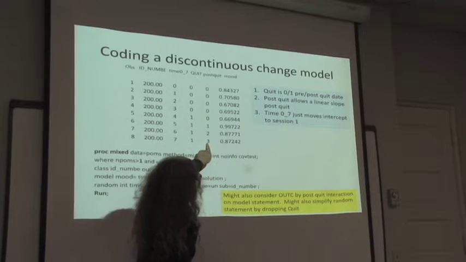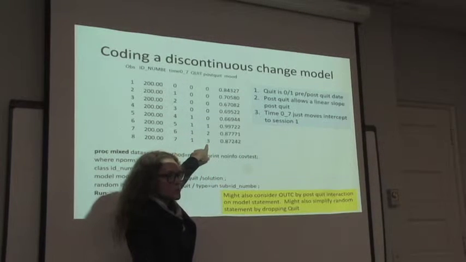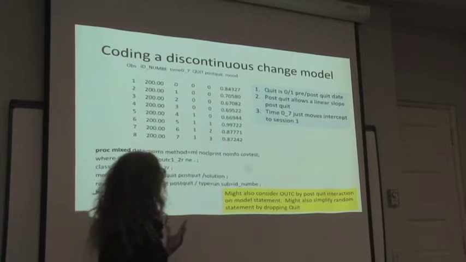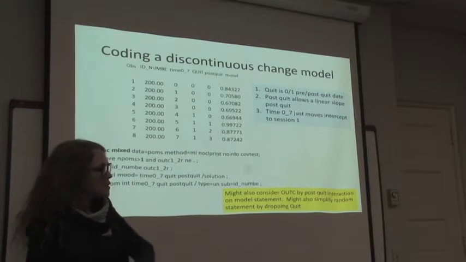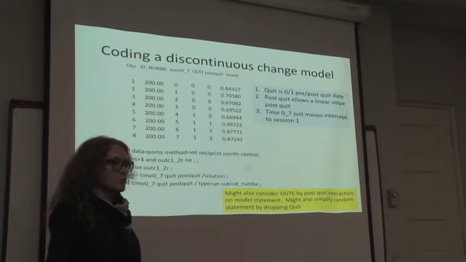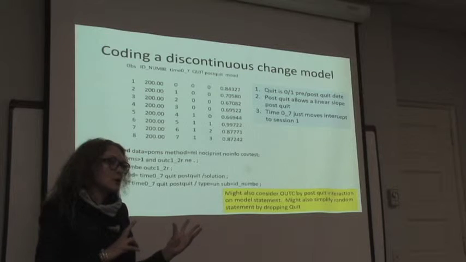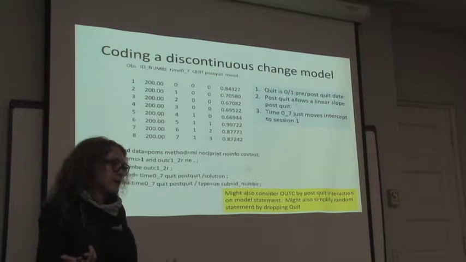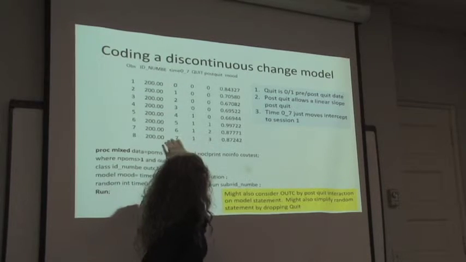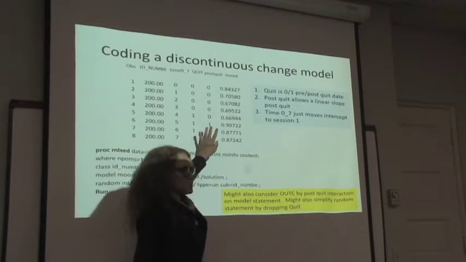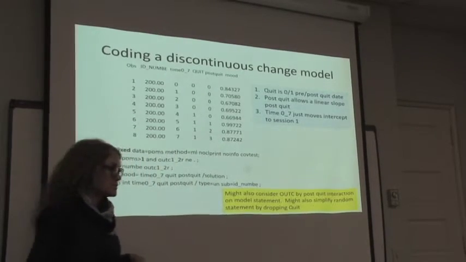And then post quit date, allowing for a linear slope post quit date, right? So we could then, getting rid of outcome groups and just treating this quit date as an event that might change the form of time post-event, right? And by coding the data in this way, that would allow us to test that with interaction terms.